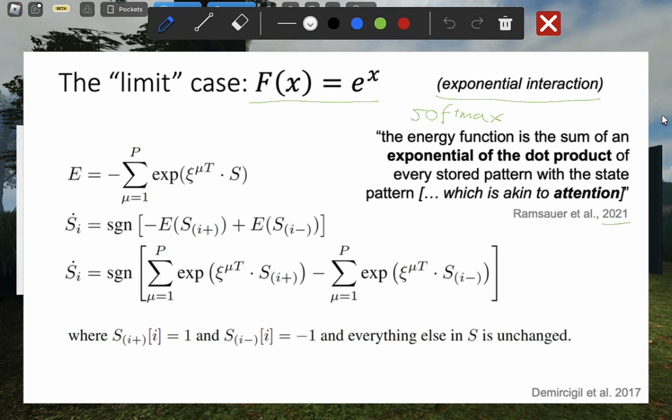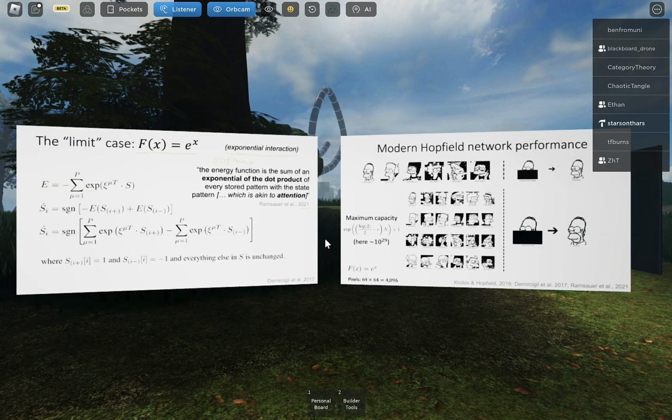And you can read through what it would look like to take the exponential function in the modern Hopfield case. It just looks like this, and of course we don't do the expansion like we did before because there'd be exponentially many terms.